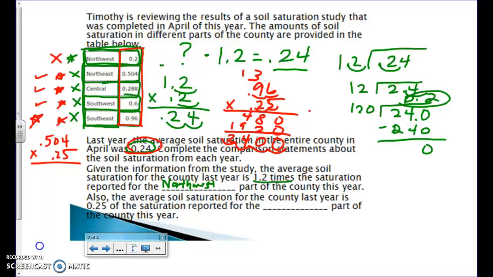Right there, 0.24. So we know that the southeast times 0.25 would equal our 0.24 for last year's saturation. All right, let's take a look at another example.